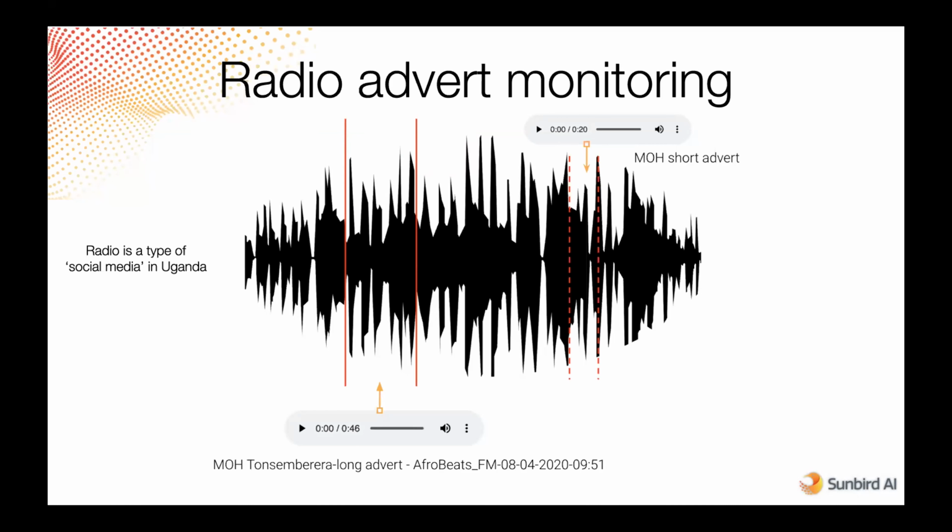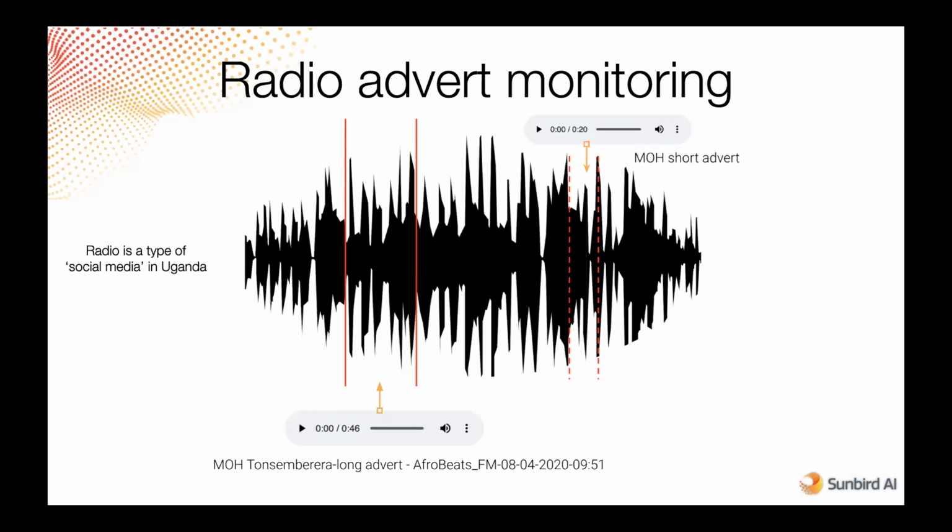And so what we did, we created this system of collecting audio from a little over 20 public radio stations. And then we try and classify for each hour where the adverts are played. The Ministry of Health kept sending us different adverts, like the Tonsembera advert.